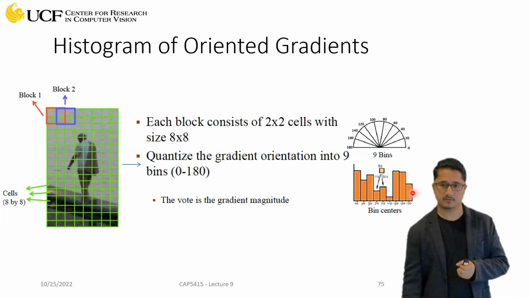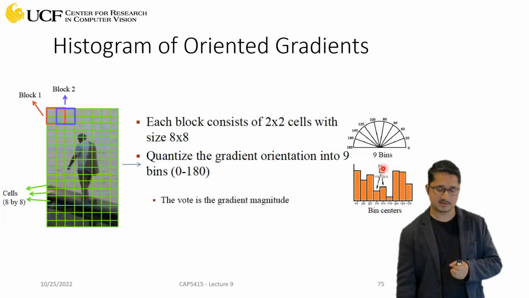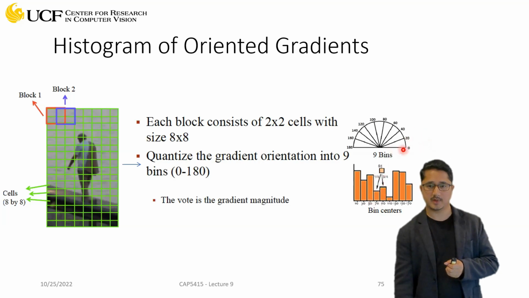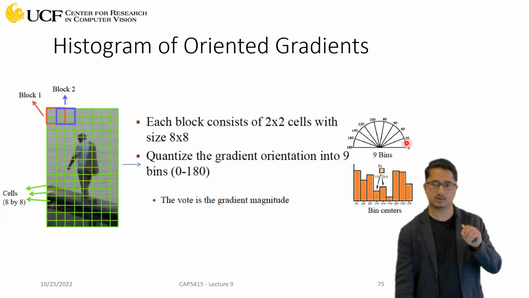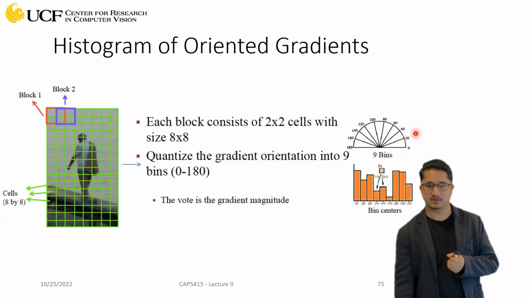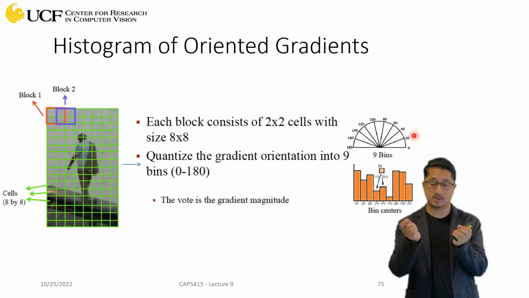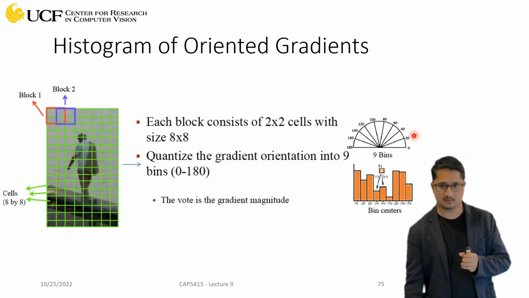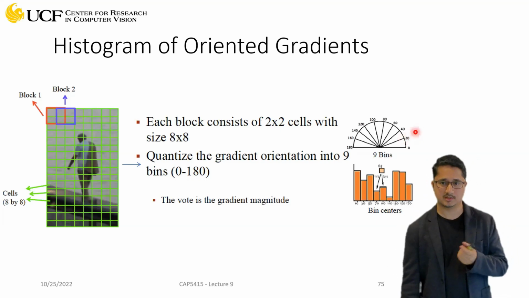Therefore, what you do is you distribute these magnitudes between bins. And the way this distribution works is, if the orientation is at the center, it will just go into that bin because no other bin has a share of it. But if the orientation is somewhere in between, it can go into either of the 2 bins. Okay, so let's talk about the other extreme. What if you have an orientation of 20?